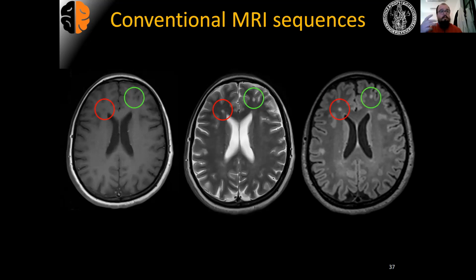As you can see here in the images, these lesions are slightly even better seen. This is particularly true for specific lesions, such as the juxtacortical areas, so lesions nearby the cortical areas, as well as thin lesions at the level of the ventricles, and very thin lesions at the level of deep white matter.